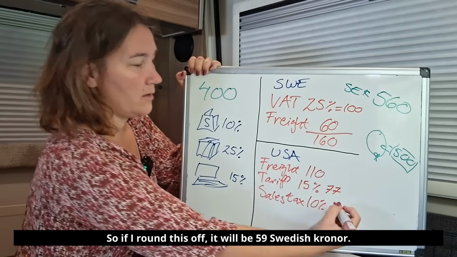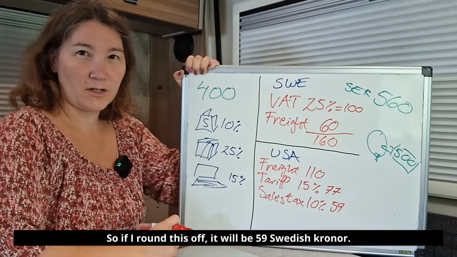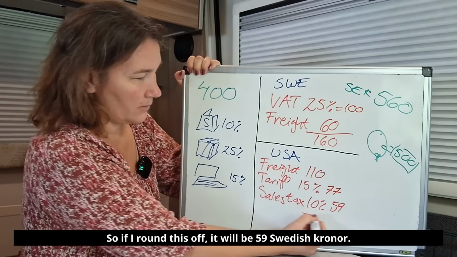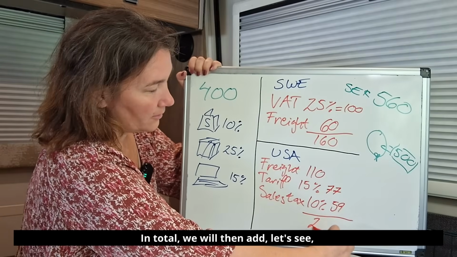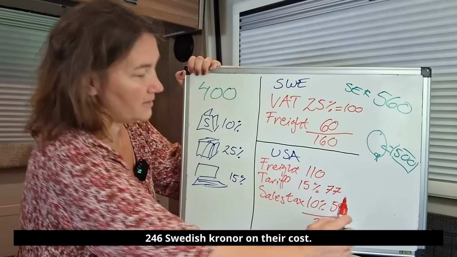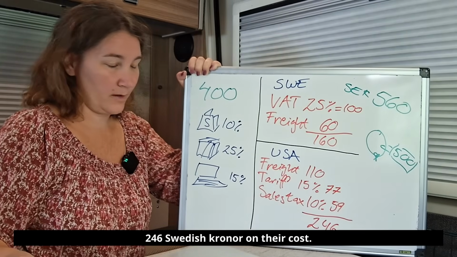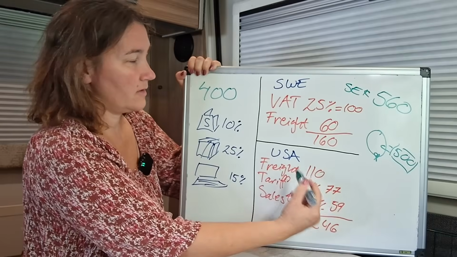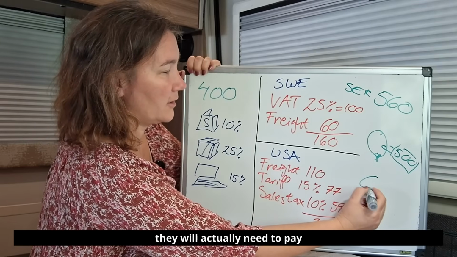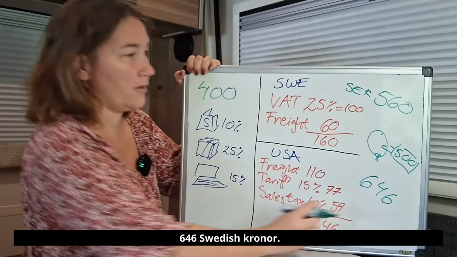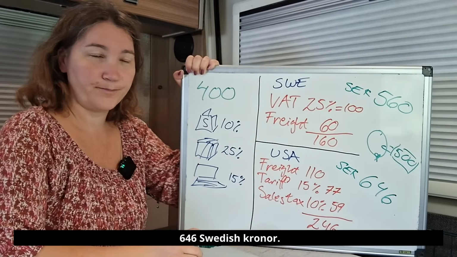So if I round this off, it will be 49 Swedish kronor. In total, we will then add 246 Swedish kronor on your cost, meaning that your American clients who want this bracelet will actually need to pay 646 Swedish kronor.